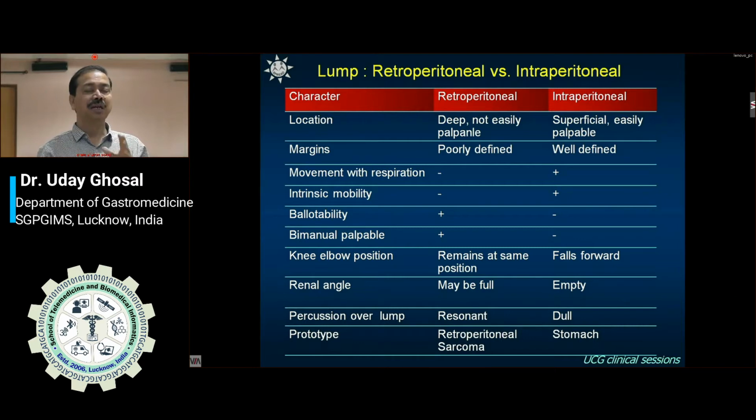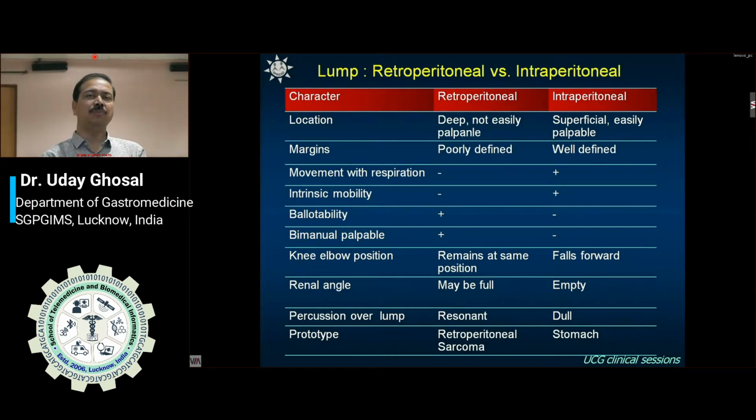Knee elbow position. Ask the patient to be on his or her knee and elbow, kneel down type. Now in knee elbow position, retroperitoneal lump doesn't fall forward.